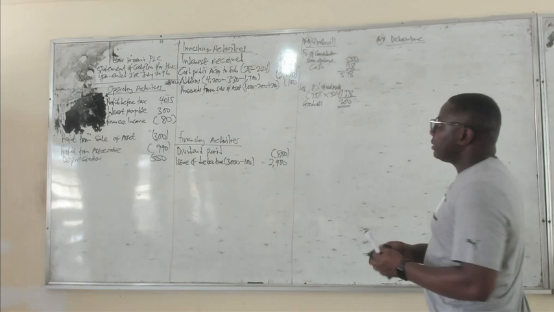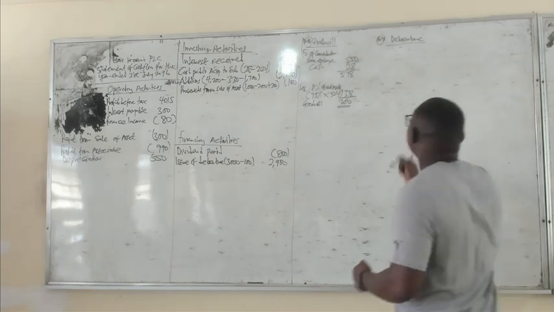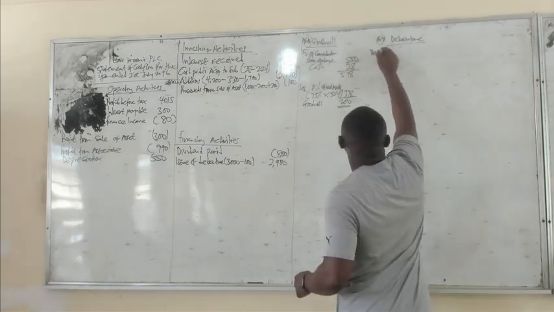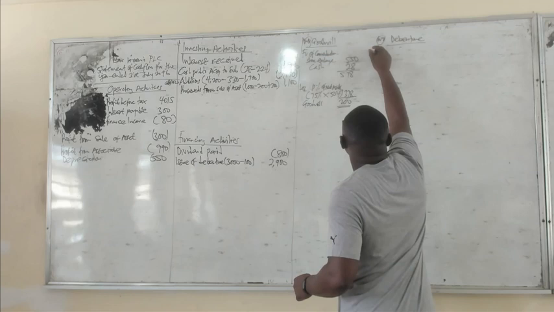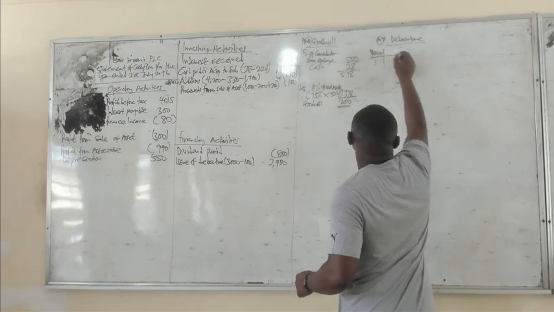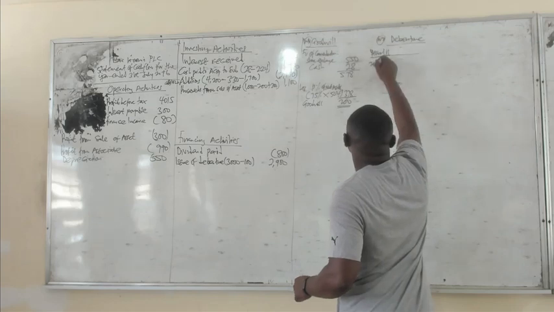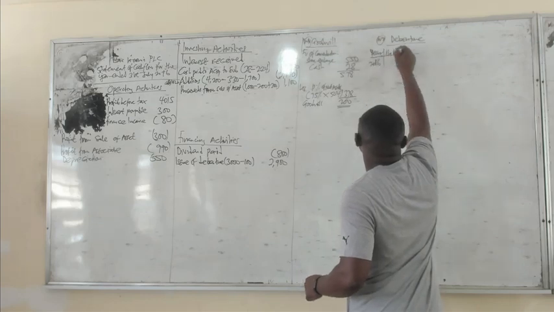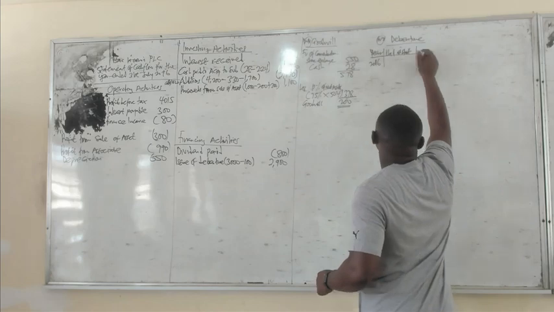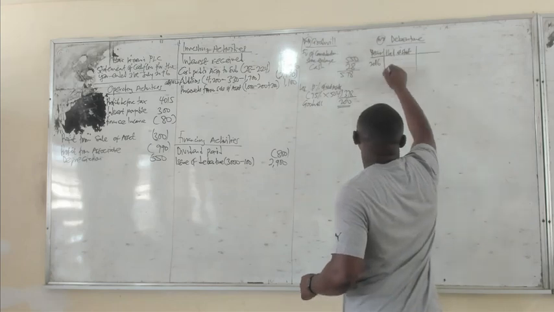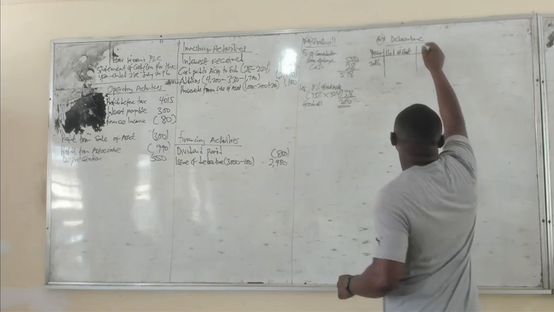So we have the year. Because it was issued this year, it's going to be the first year, so our 2016 balance at start. Then we come to effective interest.